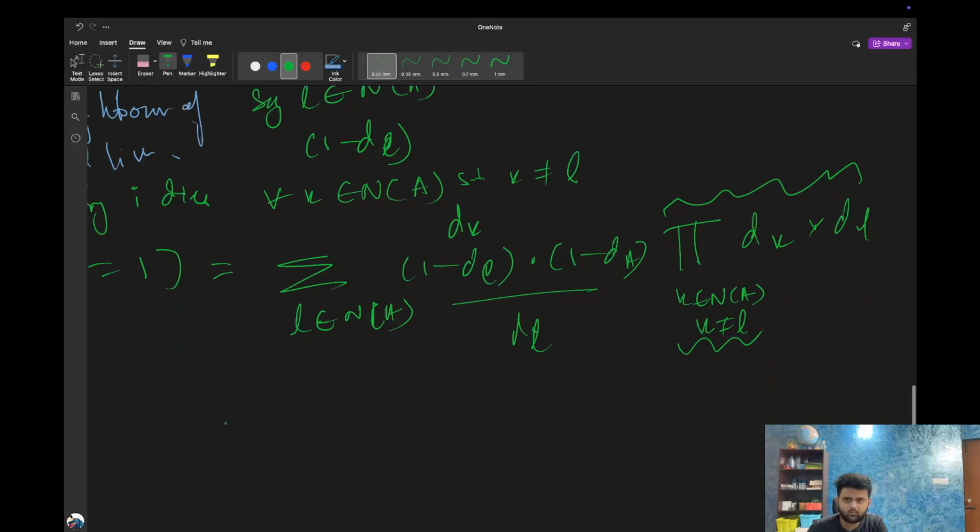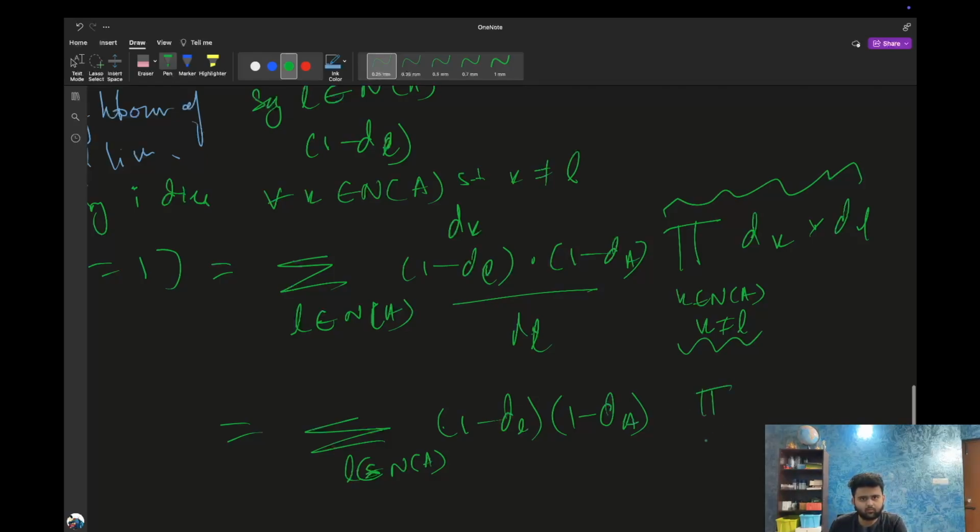So this becomes the summation over L in the neighborhood of A of 1 minus d_L, 1 minus d_A, and the product of d_K over K in N(A) with no restrictions, divided by d_L.